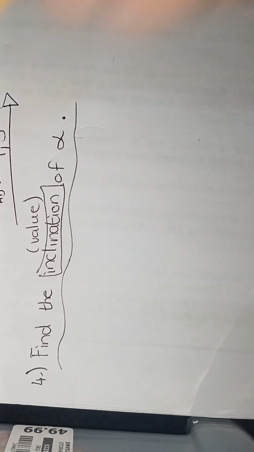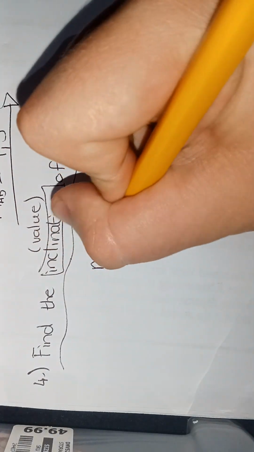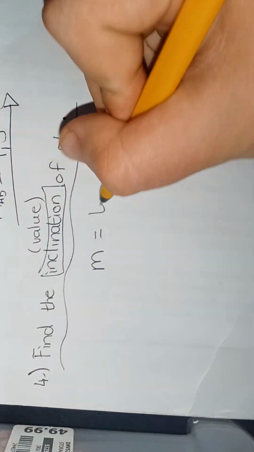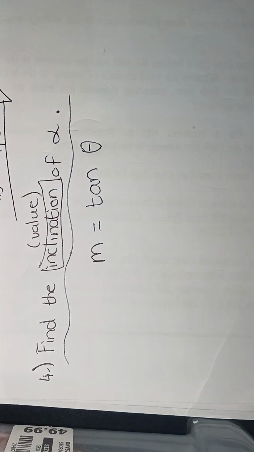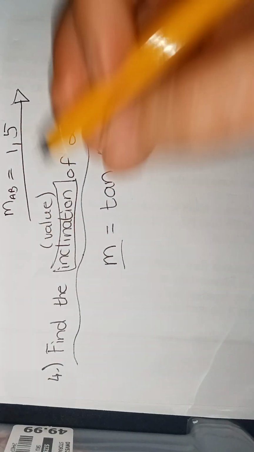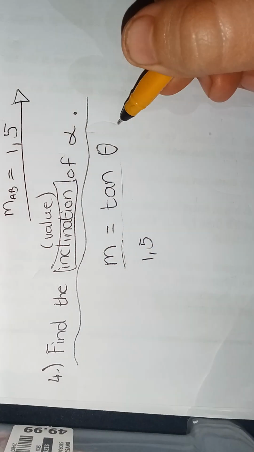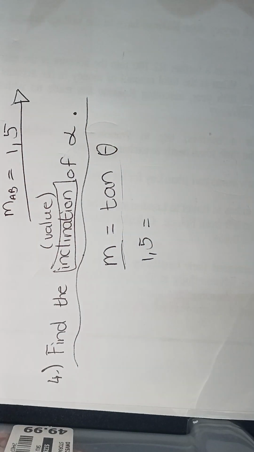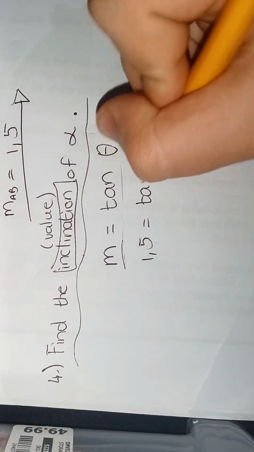So what is our formula? Slope is equal to tan theta. We don't want theta now, we want alpha, but it doesn't really make a difference. So what is the slope of AB? We determined that was 1,5. Guys, you have to write this formula, otherwise you're not getting marks. 1,5 is equal to tan alpha.